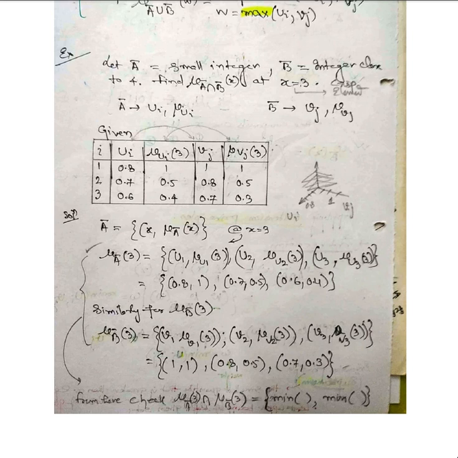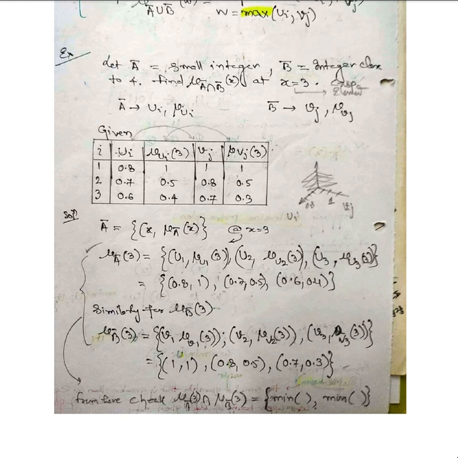That means at this instant you are having 3-dimensional values. So crisp element where the fuzzy set A bar is a function of Uj and mu Uj, and B bar fuzzy set is a function of Vj and mu Vj. So this is the table that is given.